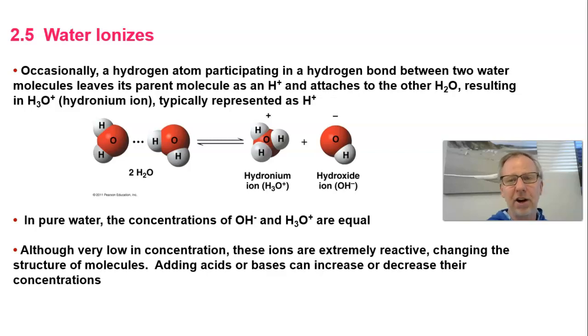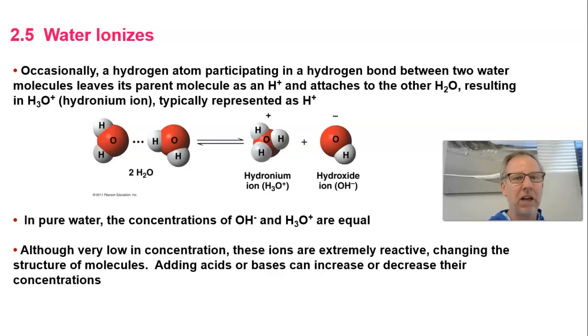And that hydrogen ion, that proton that leaves one water molecule, attaches to another water molecule. And that results in what's called a hydronium ion, a water molecule that has a hydrogen ion stuck to it.